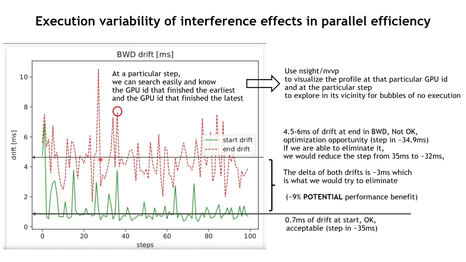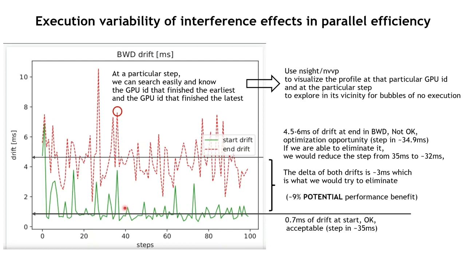Considering that the end-to-end time for the training step is 35 milliseconds, if we were able to eliminate the amplification of the variability during the execution of the backward stage, which means to close the vertical distance between the red line and the green line, we would reduce the training time about 3 milliseconds.